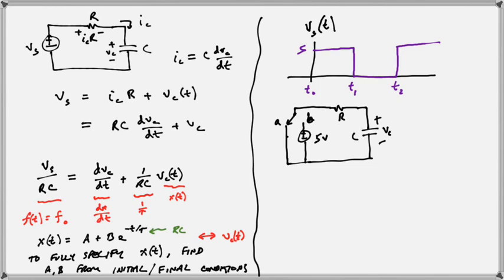For initial conditions we're going to think about time less than t naught, as we approach t naught. So what we're looking at is this region here. So we're dealing with switch position A. And in switch position A, let's assume that the circuit is in steady state by the time it gets up to t naught.